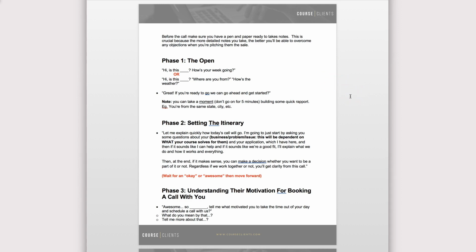Now, remember, when you're doing this, you're taking notes, and the notes are really going to kick in when you're getting into understanding their motivation for booking a call with you. This is important and does a couple things. The psychology of you taking your time and pacing yourself through the call is going to prevent you from getting ahead of yourself. It's going to ensure you're really listening.